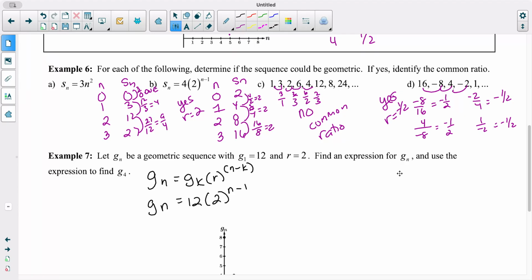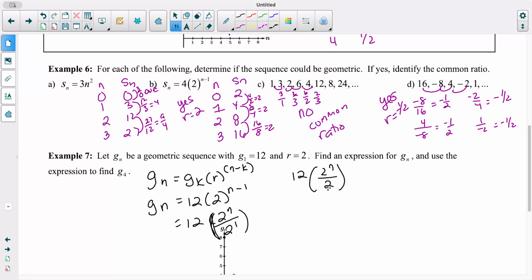If you remember, when you're subtracting exponents, you were dividing their bases. So technically this 2 can be written as 2 to the n over 2 to the first, because that's technically what that was, bases subtracting exponents. So what you have is 12 times 2 to the n over 2, because that's 2 to the first.